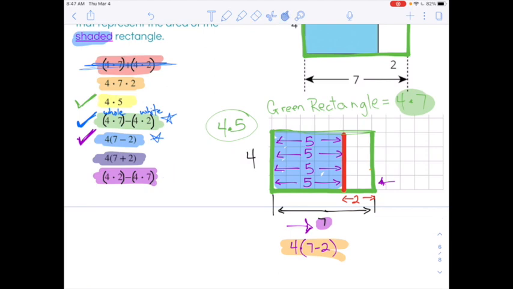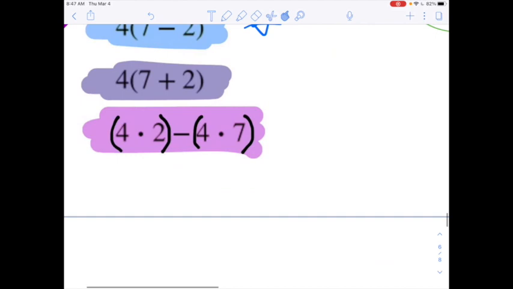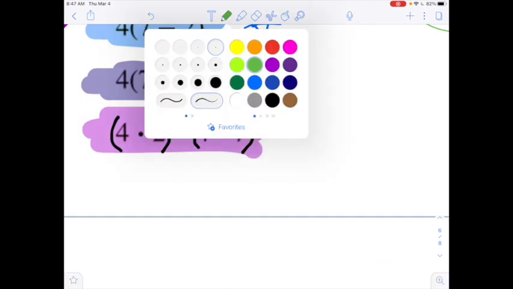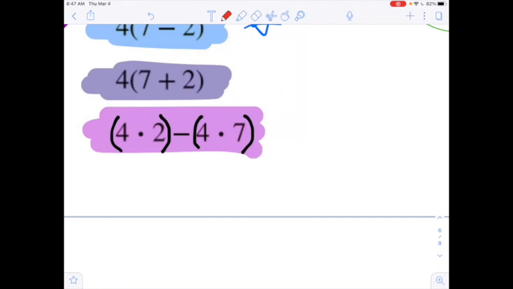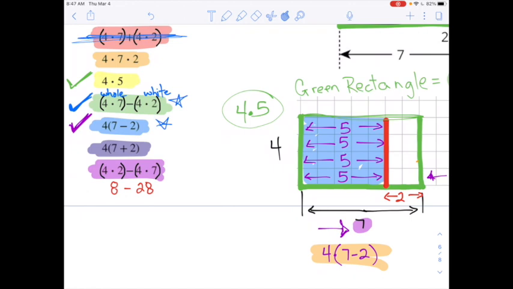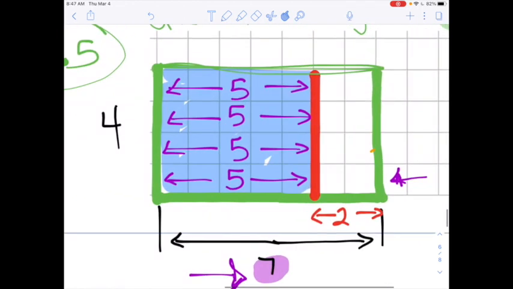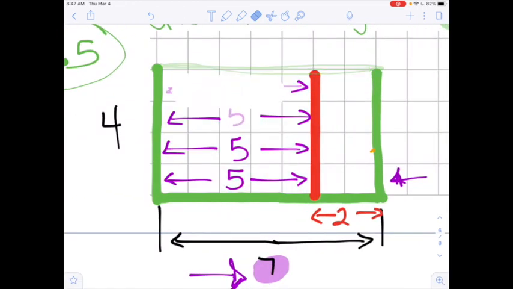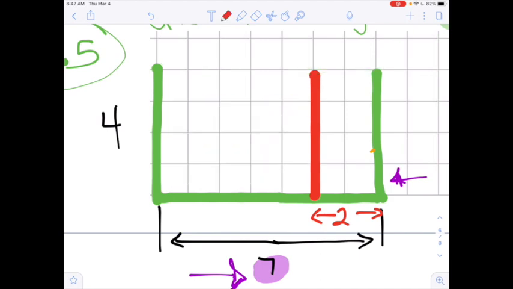There's the pink one. Hey, the pink one has minus. Maybe this one is right. Let's think about what this would mean. If I did the parentheses first, this says 8 take away 4 times 7. I know that's a tricky one for a lot of people. That says 8 take away 28. So let's see where that might be. Well, the 8 is clearly in the white part, right?